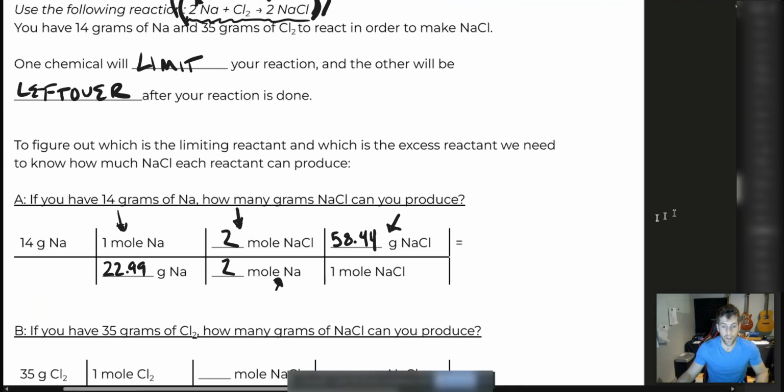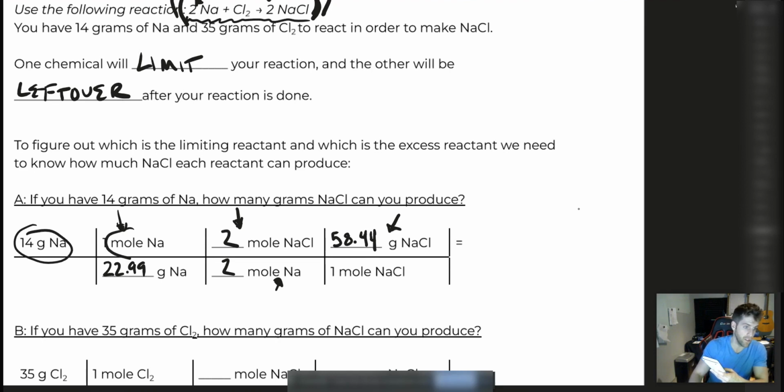If we did all of the multiplication, I can show you a pretty neat thing here. Let's do it on my calculator and follow this pattern. We do 14, times 1, which you don't have to do, but I'll put it in just so you know, times 2, times 58.44, equals 1636.32.